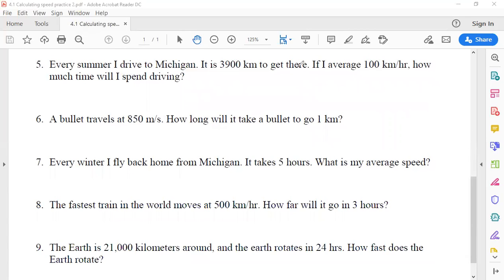I'm probably going to solve for time. How much time, T, will I spend driving? So T equals distance divided by the speed. So how far I'm going divided by how fast I'm moving. T equals, well, how far am I going? I'm going 3,900 kilometers.